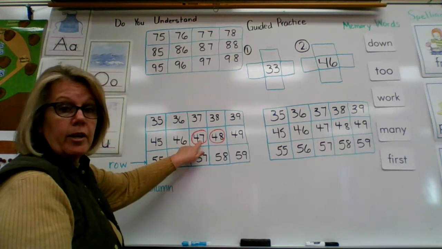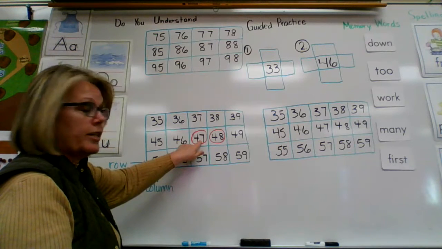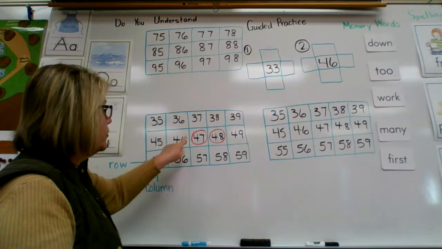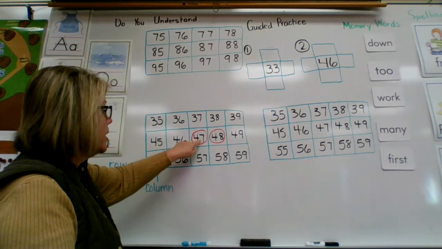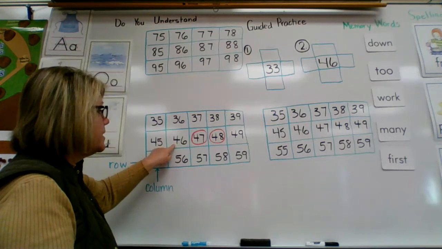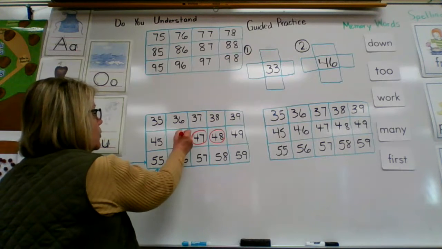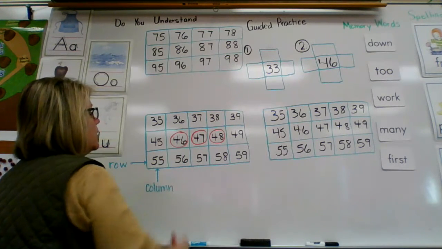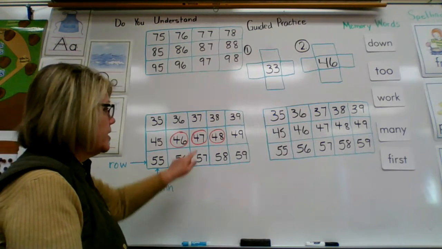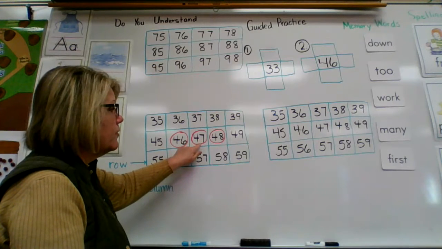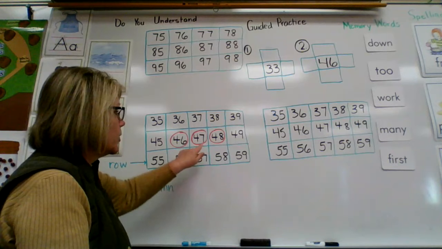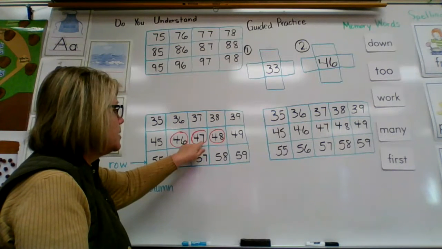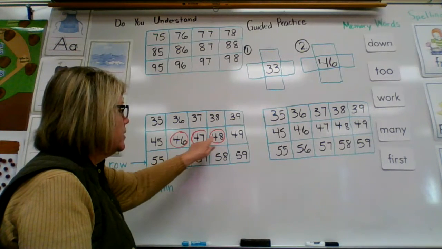If we want to know the number that is one less than 47, we move to the left in our number grid. And the number that is one less than 47 is 46. You'll also notice that when you're looking for a number that is one more than 47, the number in the ones place gets greater by 1.